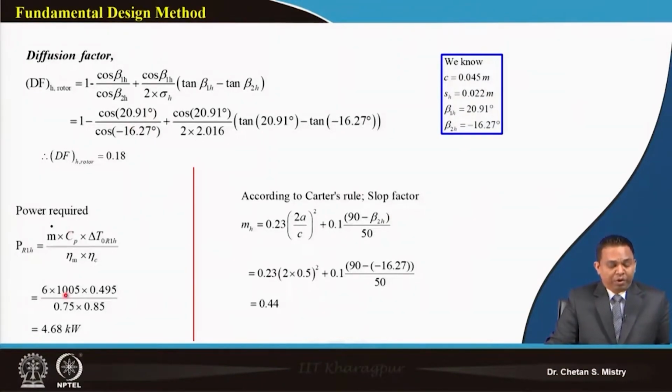My power requirement at the hub station, as we have discussed, is a function of delta T0 at the particular station. If we take mechanical efficiency 75% and compressor efficiency 85%, it is coming 4.68 kilowatt. We can do our calculation for the M factor. Be careful, here we are talking about beta 2 at the hub, and the M factor is coming 0.44.